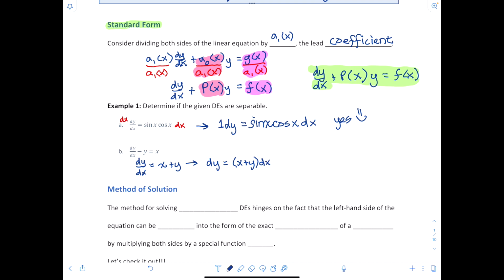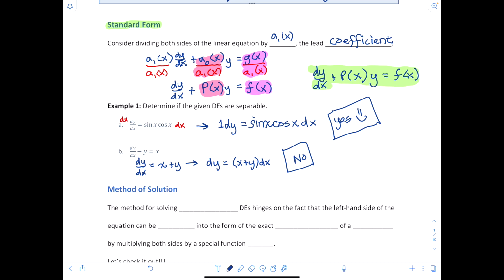So there's no way we're going to be able to get that y as a factor of dy without having dx there. So this one, we would say no. But the good news is that it's linear in form, and so we're going to learn how to do stuff like that. Aren't you excited? I am.